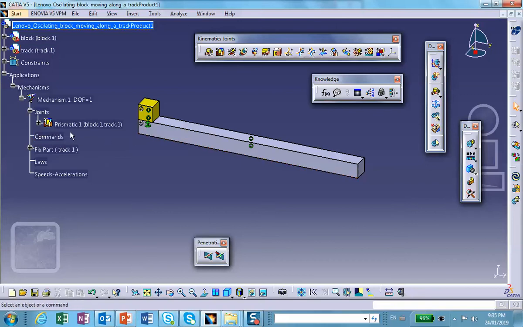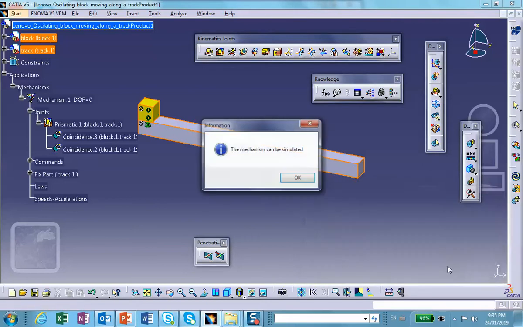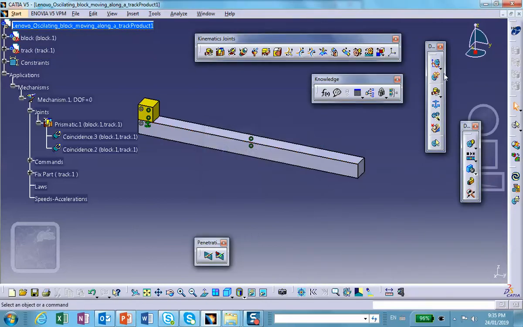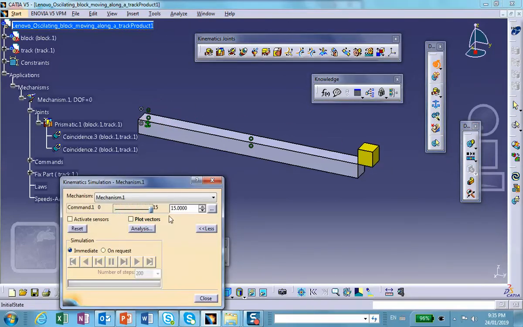Well, first of all, let's make this a length-driven joint so that we can see whether it's doing what it's supposed to. So the length goes between 0 and the end of the track, which I'll put down as 15 inches. Obviously, the mechanism can be simulated, and we can do that manually using the simulation command. If you drag this, it moves all the way to the end. Okay, let's put it back.